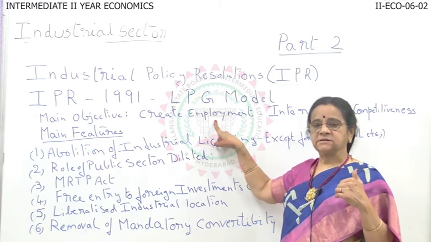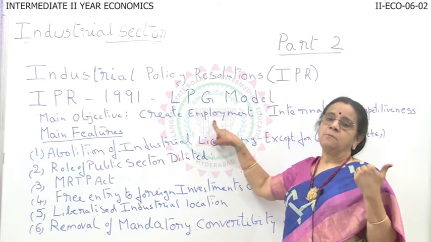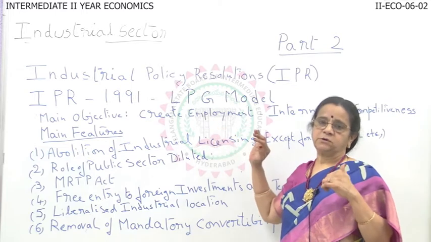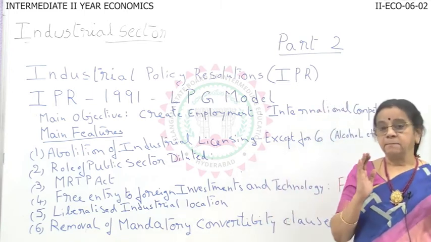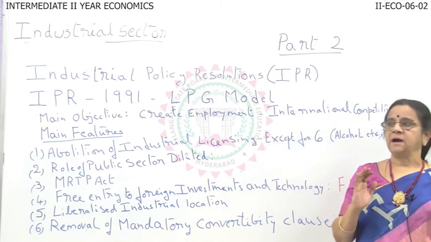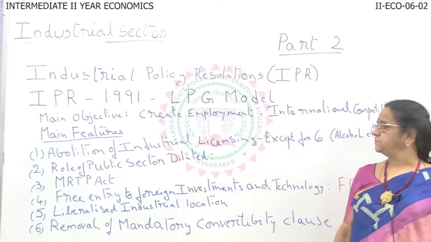The public sector failed in creating more employment opportunities. So in the light of this, what are the main features of IPR 1991?